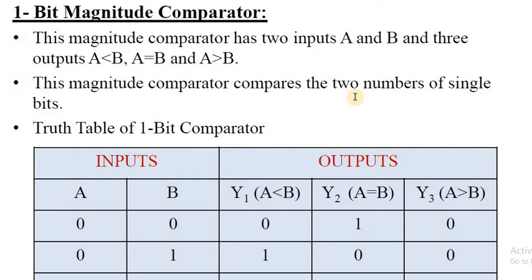Then how to make the truth table? Whenever there is a problem in the exam, design a 1-bit magnitude comparator.